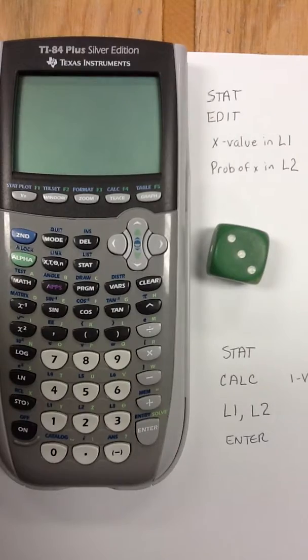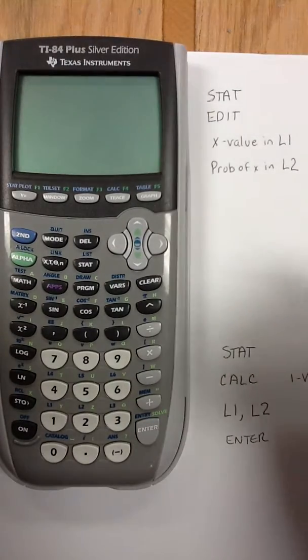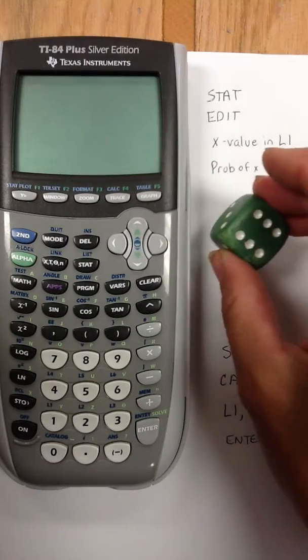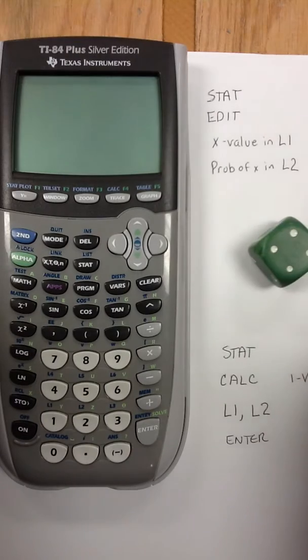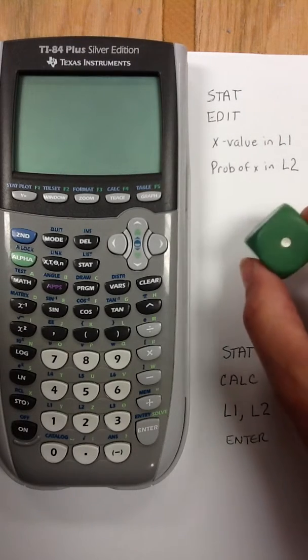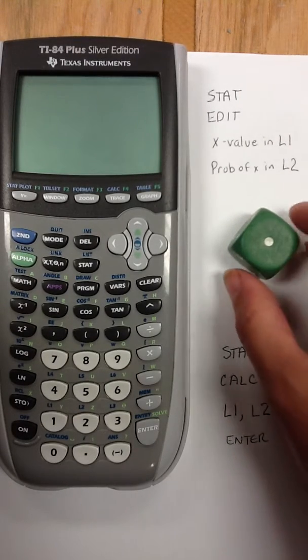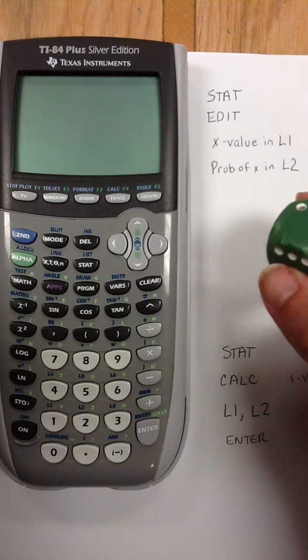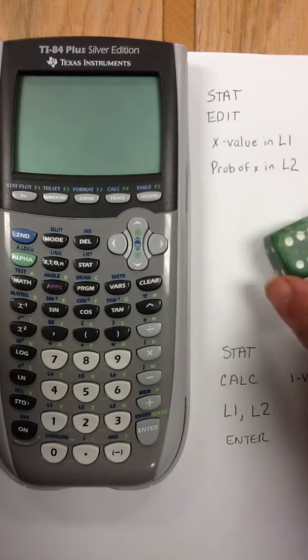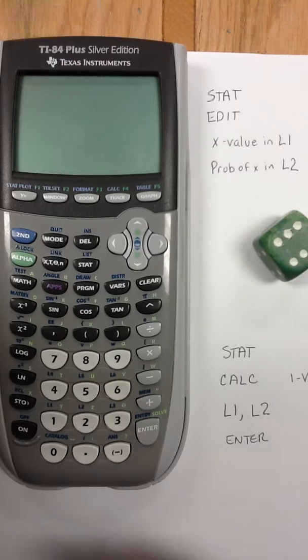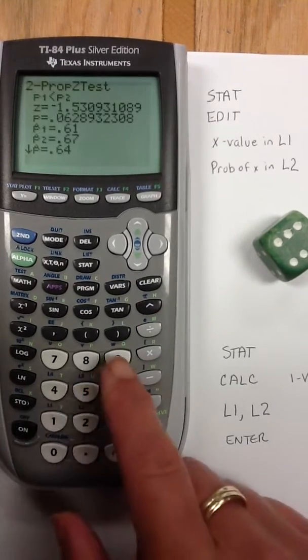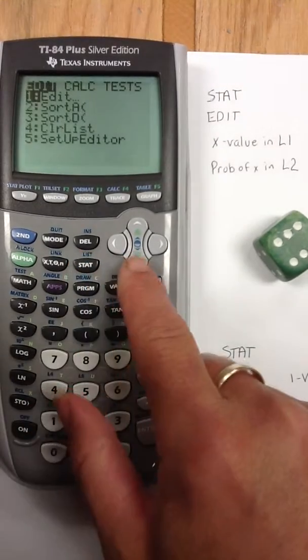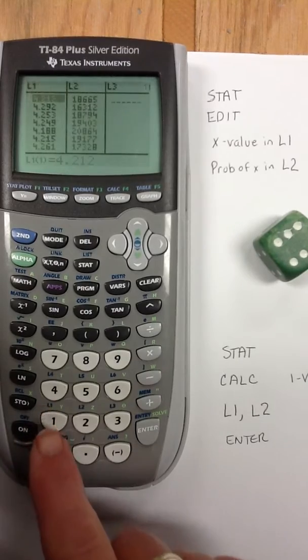So let's say, for instance, I was going to start from scratch on figuring out the variance if I take a die and I roll the die. And so I'm going to look at all my x values as the possible outcomes, 1, 2, all the way up to 6. All right, so I'm going to turn my calculator on, and I'm going to go into Stat and Edit.